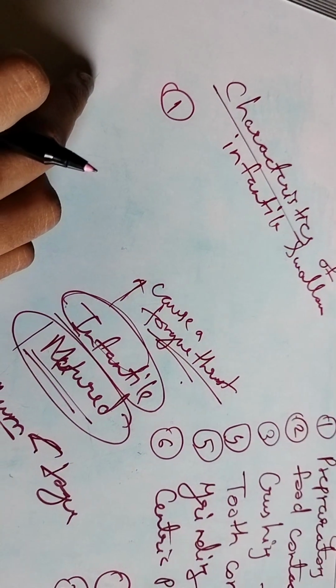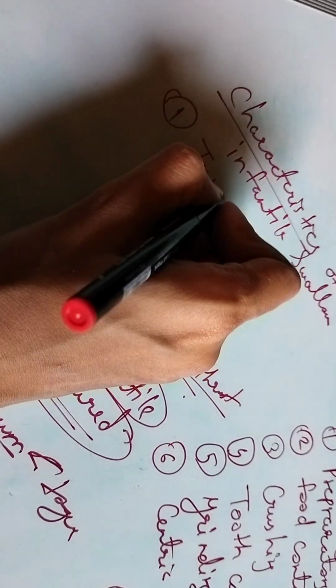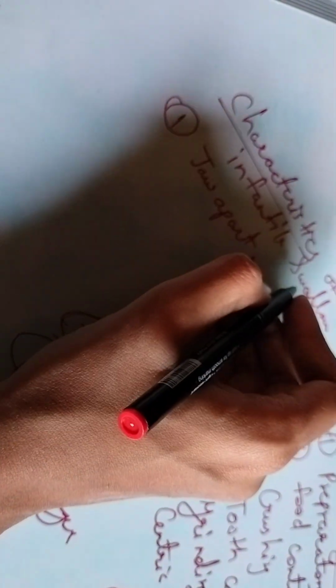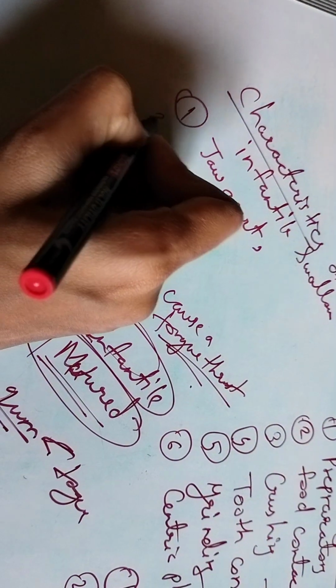First one is the jaws are apart, with the tongue between the gums.